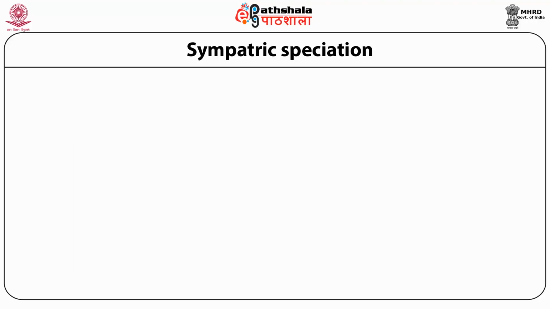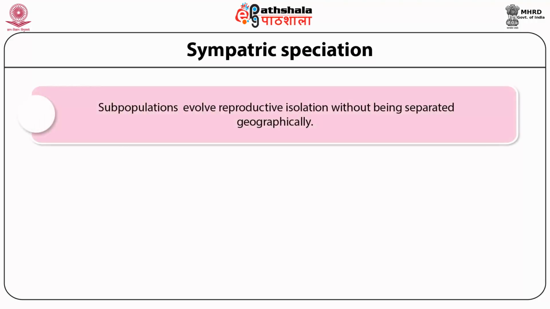Opposite to allopatric speciation, in sympatric speciation, subpopulations evolve reproductive isolation without being separated geographically. That is to say, two populations of a similar species live in a similar geographical area, yet they develop speciation.